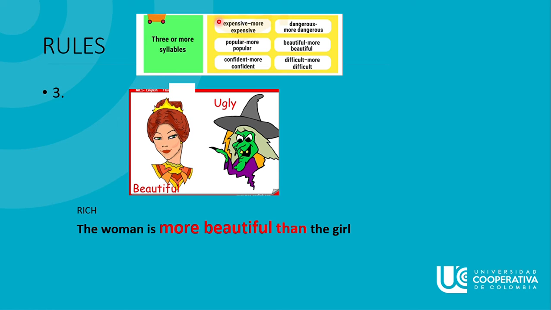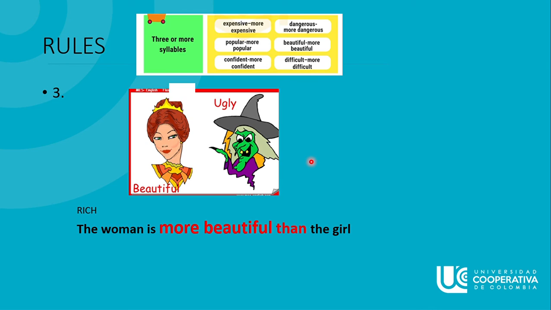To transform these 3-syllable adjectives into comparative, we put more before the adjectives. As you can see in this example, more expensive, more popular, more confident, more dangerous, and more beautiful, or more difficult.